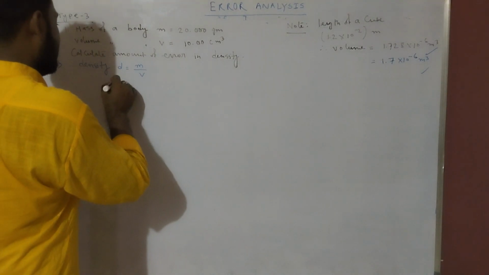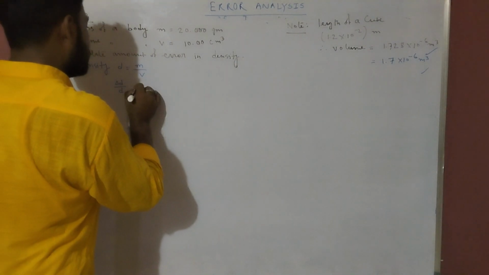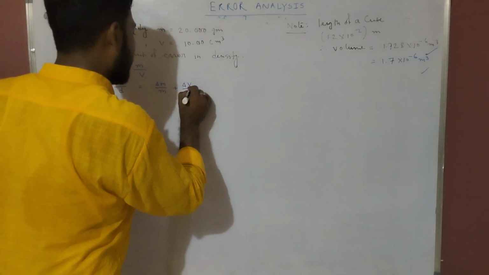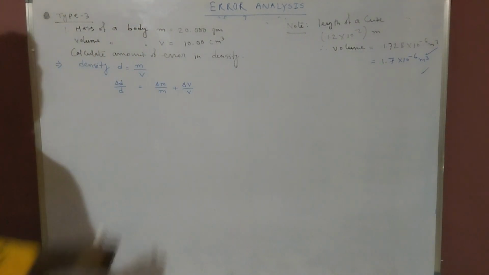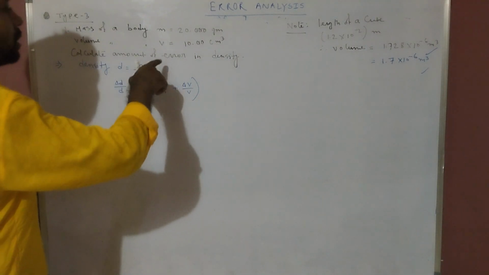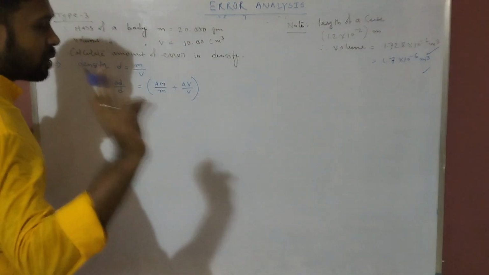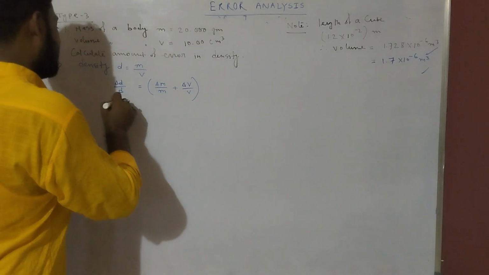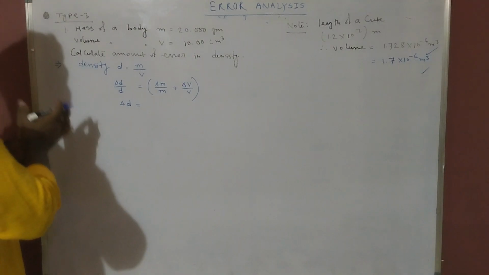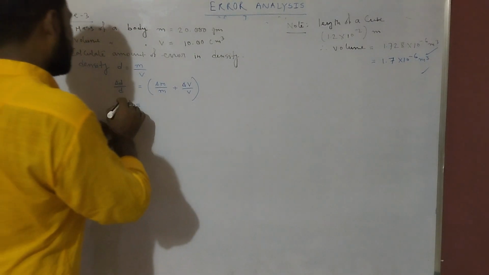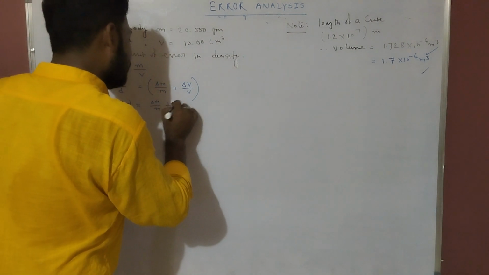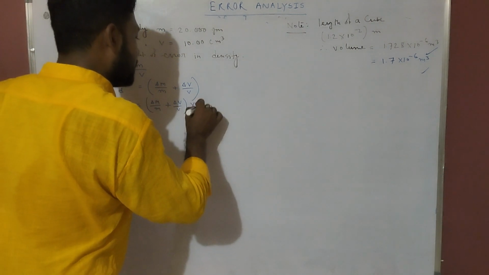So ultimately we can write del D by D is equal to del M by M plus del V by V. But the problem here is that you have to calculate only the error, not the percentage of error. So you have to find out only del D, not del D by D into 100%. Only del D will be del M by M plus del V by V into D.